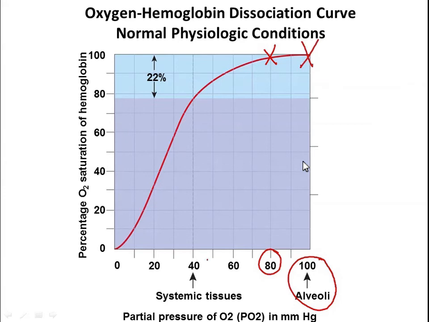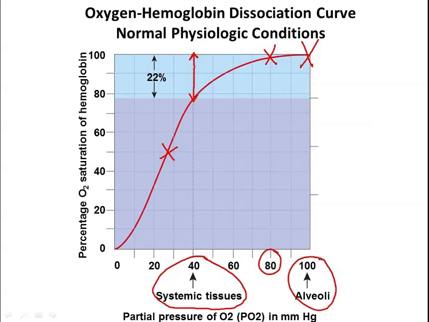As blood passes through the systemic capillaries, the partial pressure of oxygen drops to about 40. And at this partial pressure, the hemoglobin typically unloads about 22% of its oxygen. Now the normal P50 of hemoglobin is about 27, and this assures that in normal physiologic conditions, there's still a good amount of hemoglobin that's carrying oxygen, so you won't run out of oxygen in the tissues.